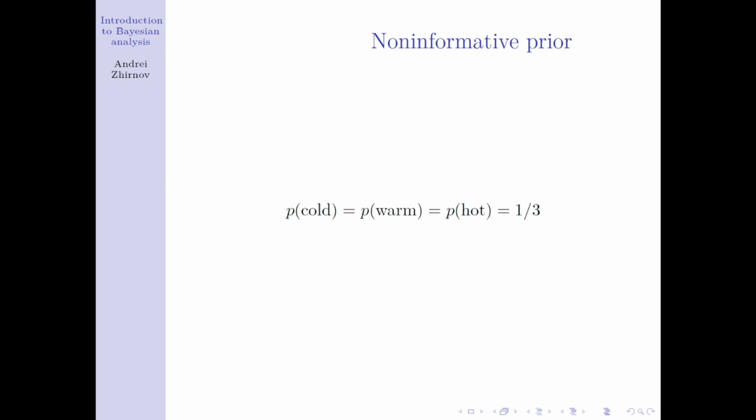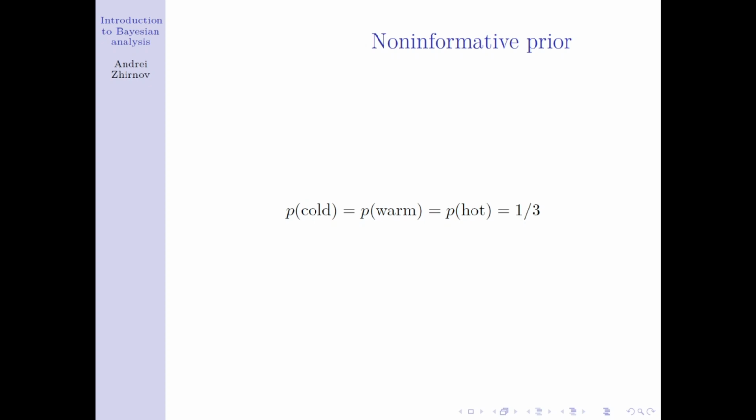In such cases, we want our analysis to reflect such lack of information. We do not want our posterior to be in any way affected by the prior. In such cases, we want to use what's called non-informative priors.